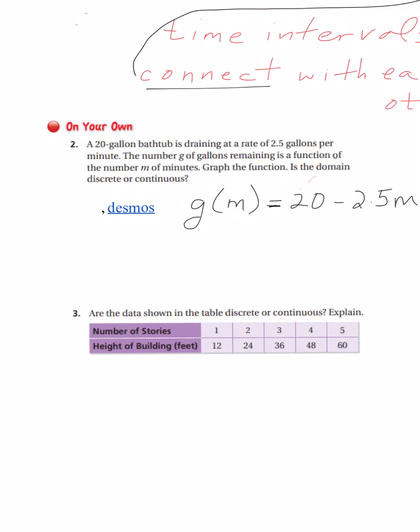In this function, since we're dealing with number of minutes, and they don't tell you 1, 2, 3, 4, 5 is my domain, they give you a plethora of time, as in it can measure any moment of time. This is going to be a continuous domain.